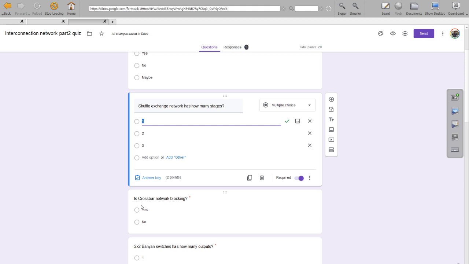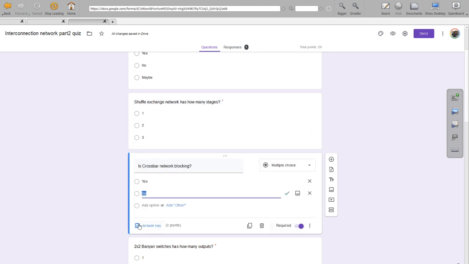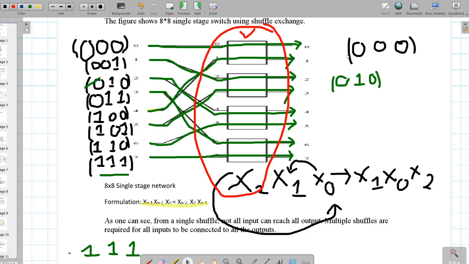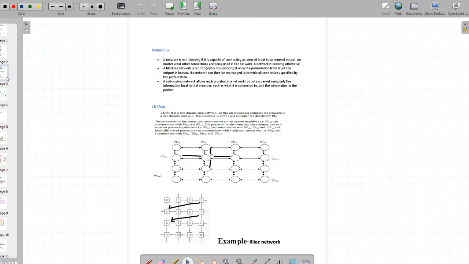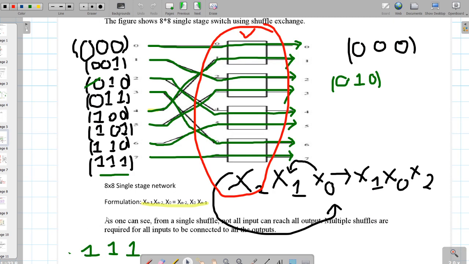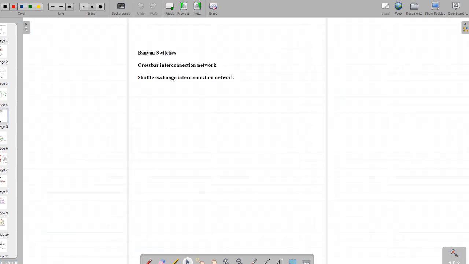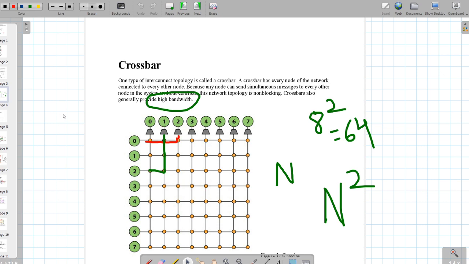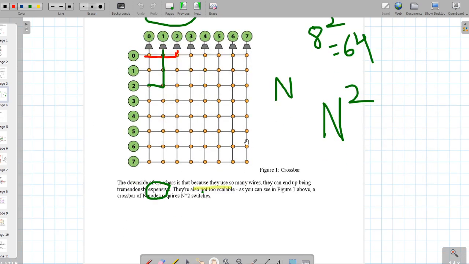Is crossbar network blocking? The correct answer is no. It is a non-blocking type of network. Again, you can find it here.